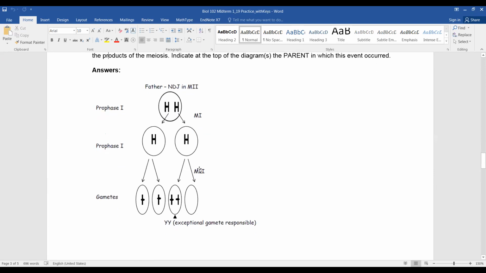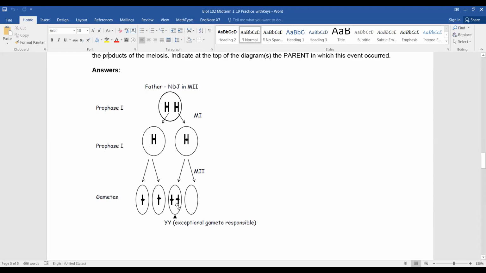But at meiosis 2, the second cell division in meiosis, this X chromosome just separates normally into two gametes. However, if the non-disjunction occurs at this cell, these two Y chromosomes, the sister chromatids, do not separate.